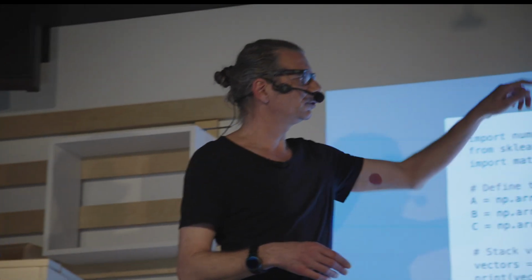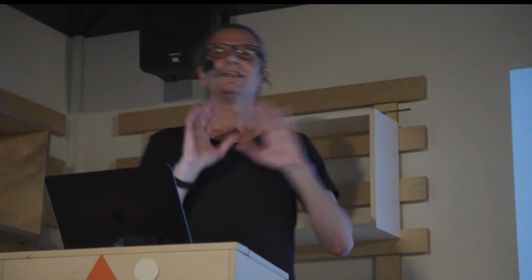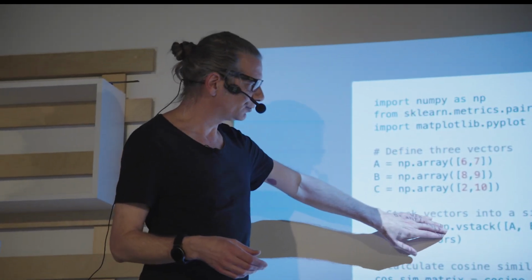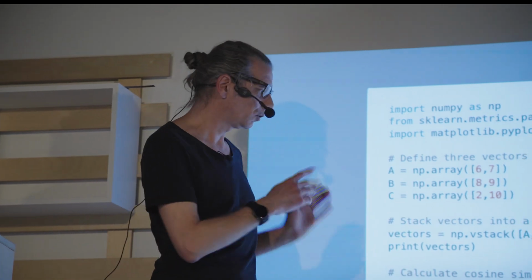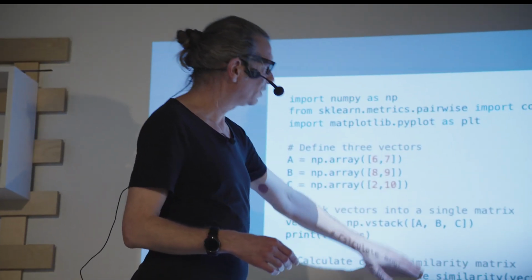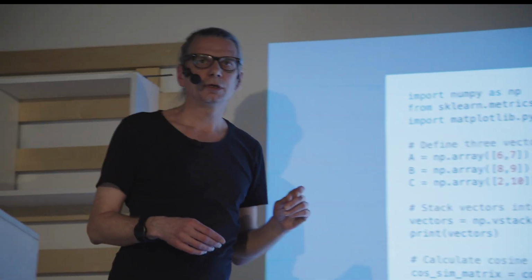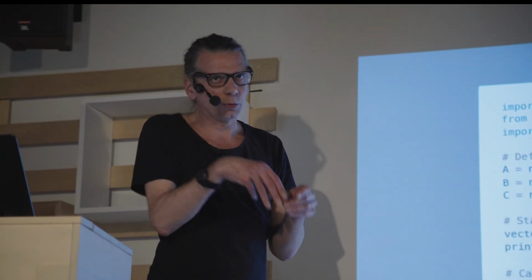So we can actually set up 3 vectors, and if people are here from the mathematics department, I'm sorry, if there's an error, please tell me afterwards. And we can actually stick them into a matrix, all of them, and compute the similarity by using the scikit-learn package. So we don't really understand how the watch works.